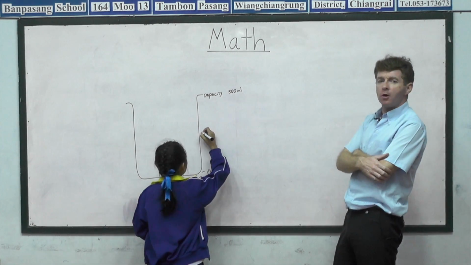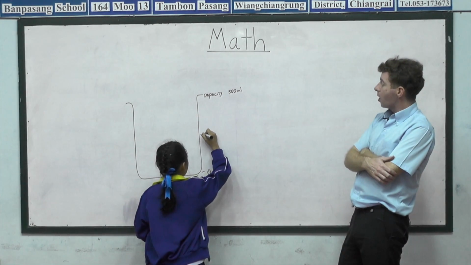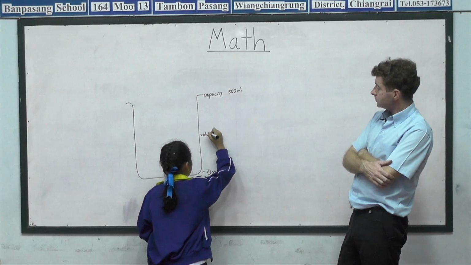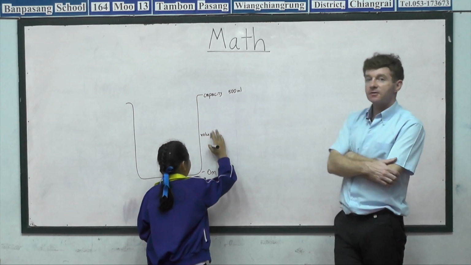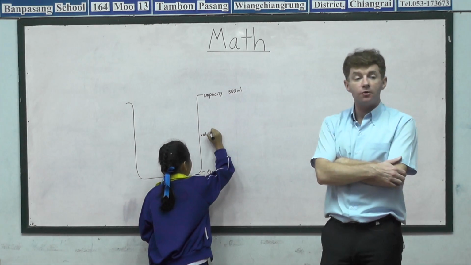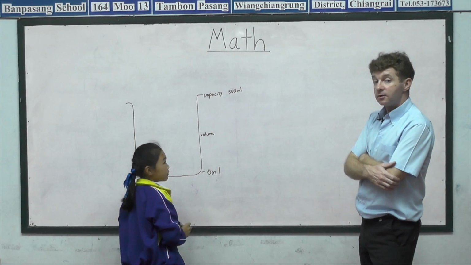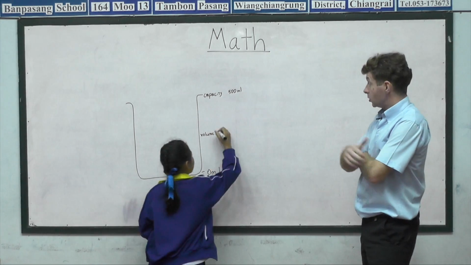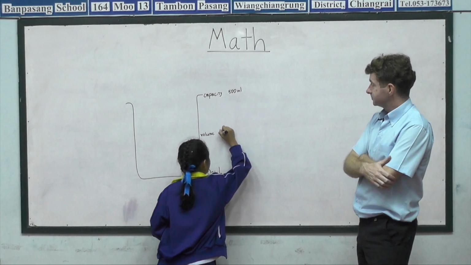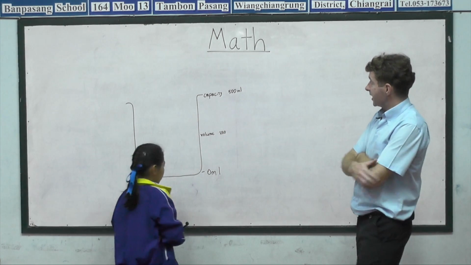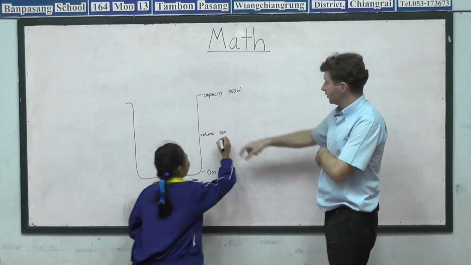How do we spell volume? V-O-L-U-M-E. Excellent. And what did we say? How much is our volume? 250 milliliters. So you can write that, and don't forget our unit.